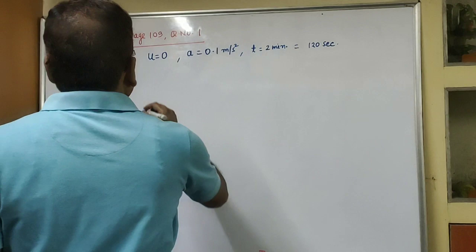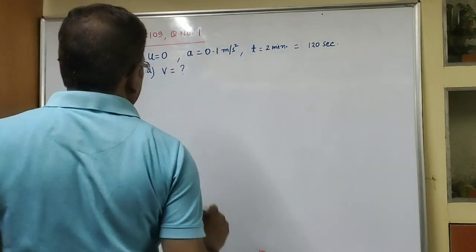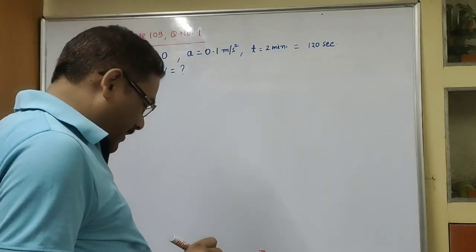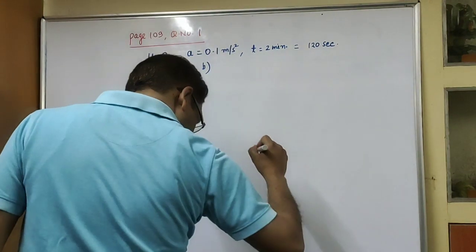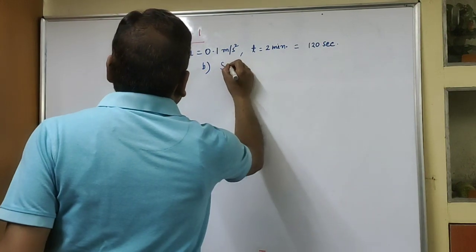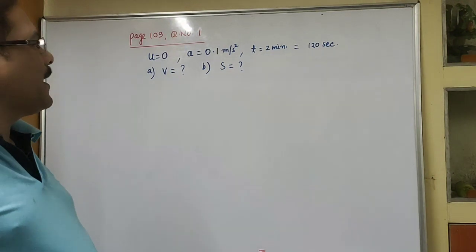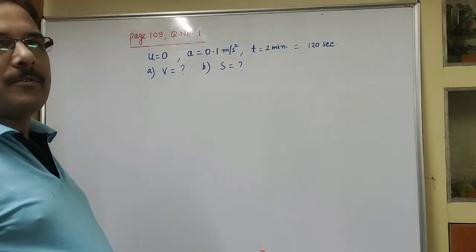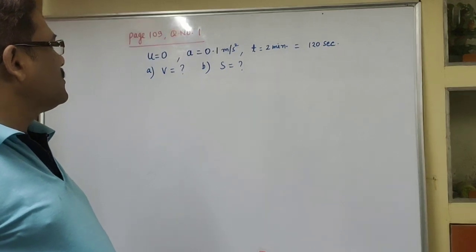So first what you have to calculate? The v, the final velocity. And b, what you have to calculate? The distance traveled. It means s. So these are the given things, u, a, t, and you have to calculate v and s.